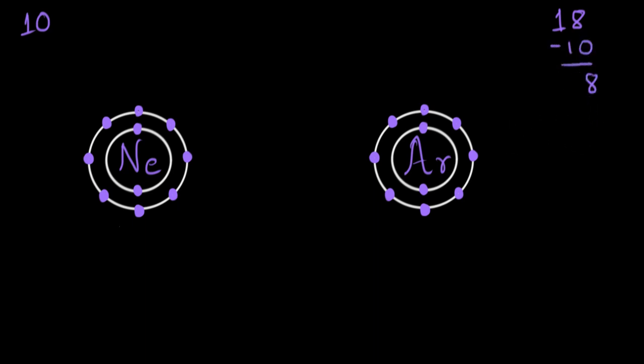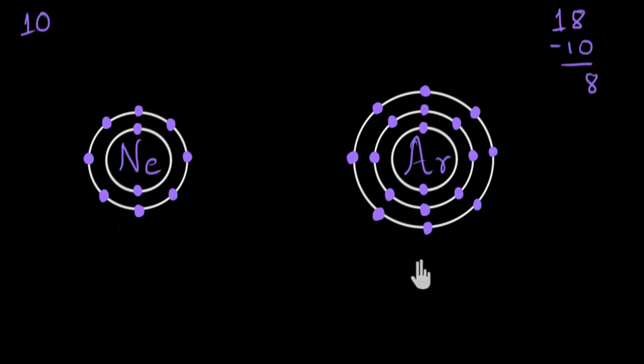In the third shell, all our 8 electrons will be accommodated. And over here you can notice that even in argon's outermost shell, the valence shell, we have 8 electrons. In fact, all noble gases except helium have 8 electrons in their outermost shell.